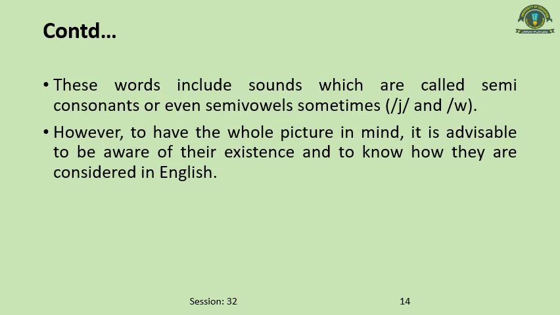For example, when we tried to classify the consonant sounds of English, we came to know there are bilabial sounds p, b, m, and the fourth was within brackets. Do you remember? W. And I said some people call it half bilabial, some people call it a semi-vowel sound, some people call it a semi-consonant sound. That's very important to understand.